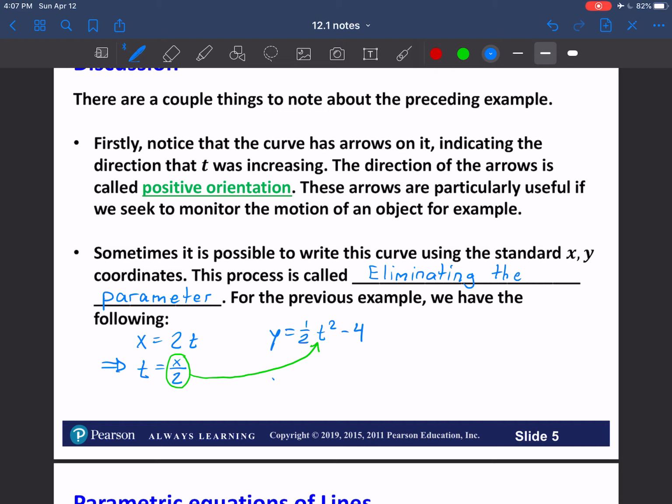And so that's going to give us y equals 1/2 times x over 2 quantity squared minus 4. And if we simplify this a little bit, we get y equals x squared over 8 minus 4.